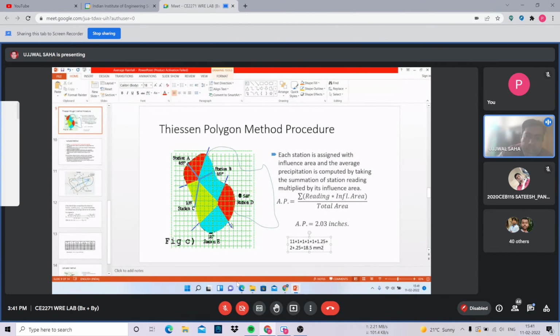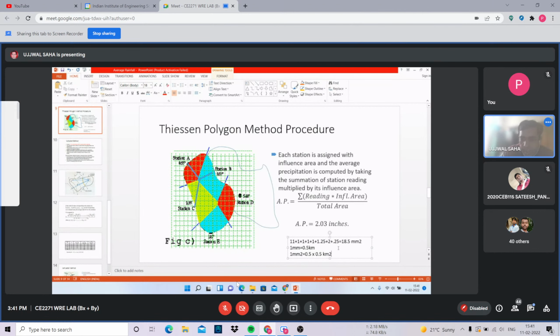Now I will go to the scale of this map. If the scale of the map is 1 millimeter equal to 1 kilometer, then in actuality what will be our area? Suppose the scale of the map is 1 millimeter equal to 0.5 kilometer. Then what is the actual ground area? 1 millimeter square in the map means 0.5 into 0.5 square kilometer.